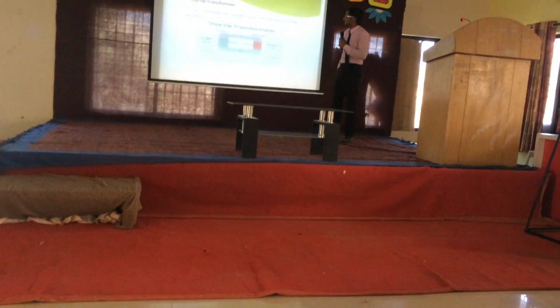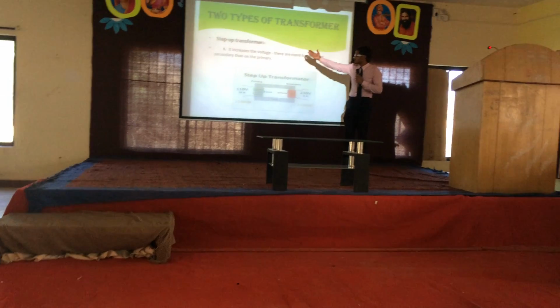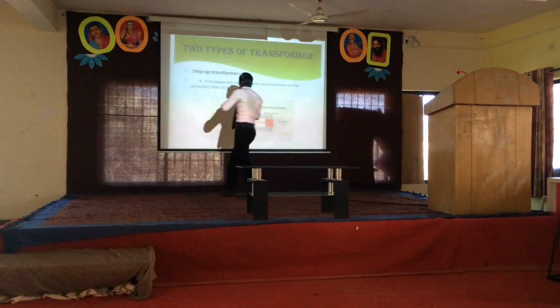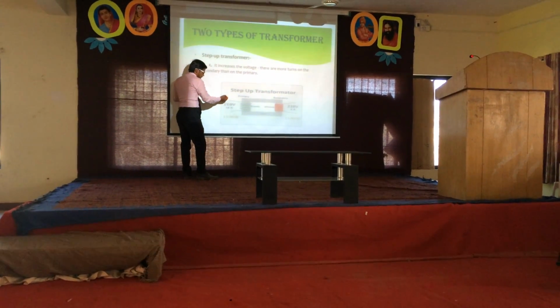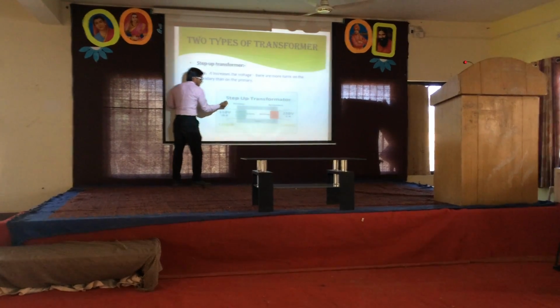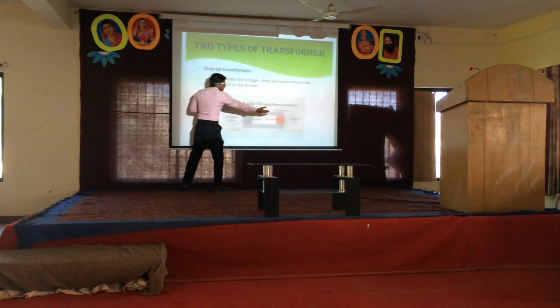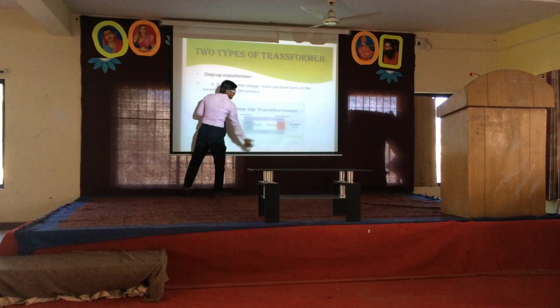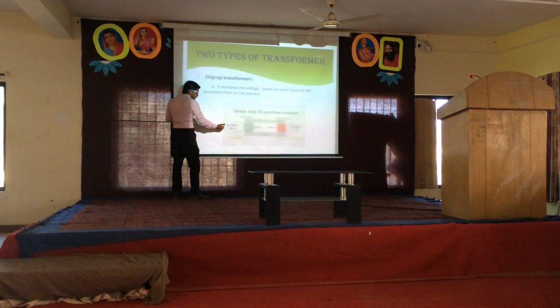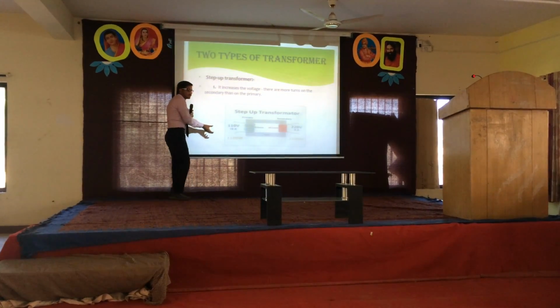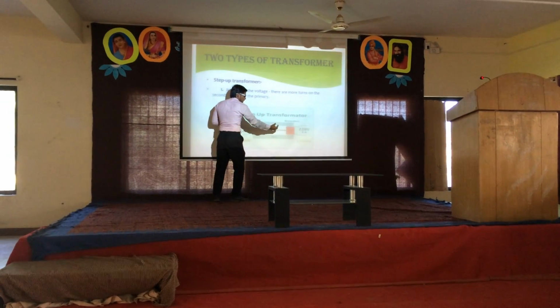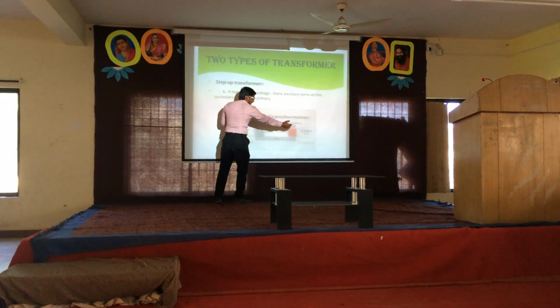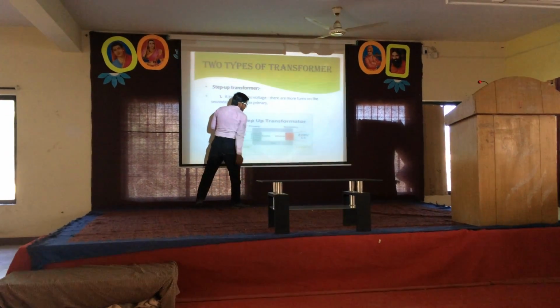Two types of transformer. The first one is the step-up transformer. As we can see, in the primary winding of this step-up transformer, the number of conductors is less than the number of secondary conductors. The input voltage is lower, and the output at the secondary coil is 220 volts.